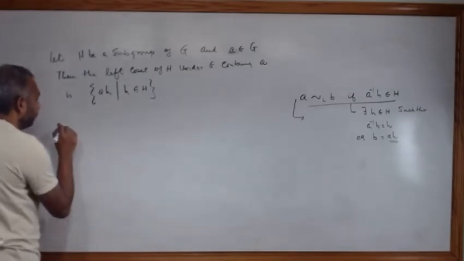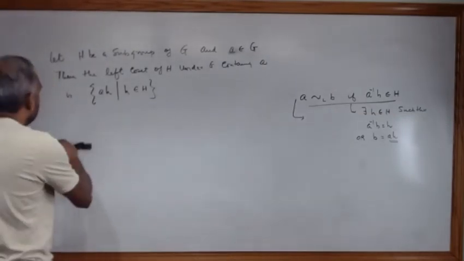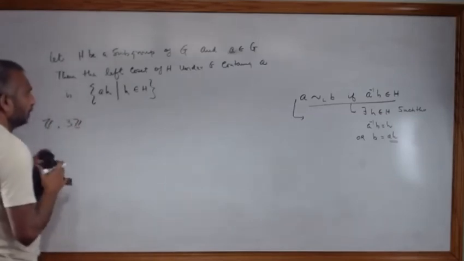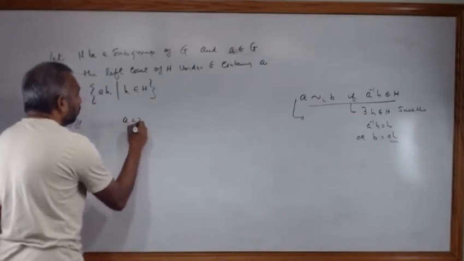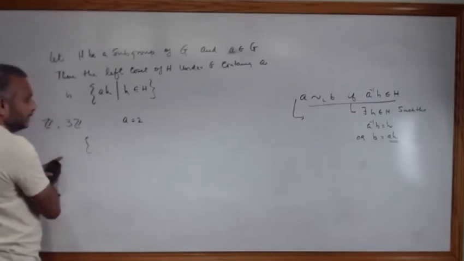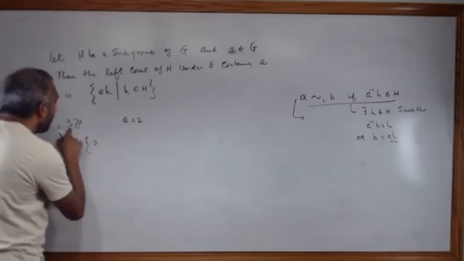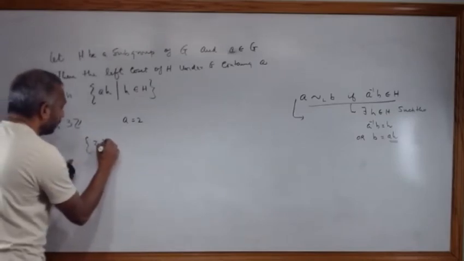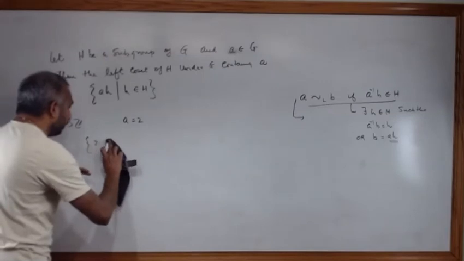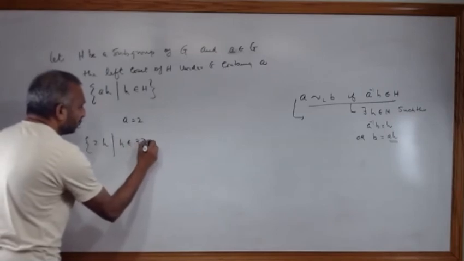We'll take an example here. Let us take the same example as Z and 3Z. Let us take a equal to 2. Here what I am saying is the collection of elements from Z such that 2 plus elements from 3Z, h such that h belongs to 3Z.